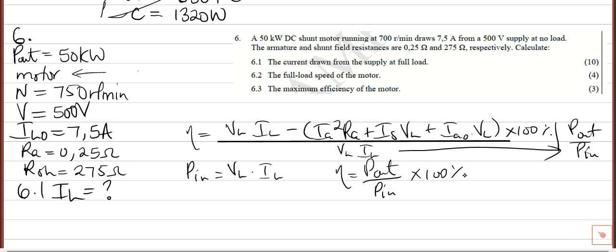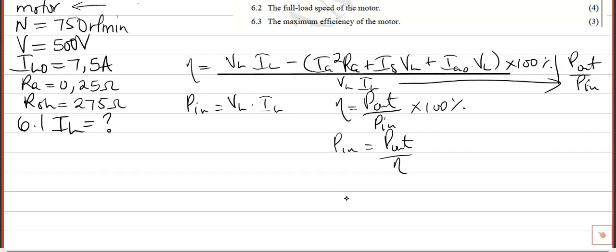times 100%. The intention would be to first find input power, where we would say P out divided by our efficiency. After that, because we would have P in, we would then say VL times IL, where we would make IL the subject and say P in over VL.